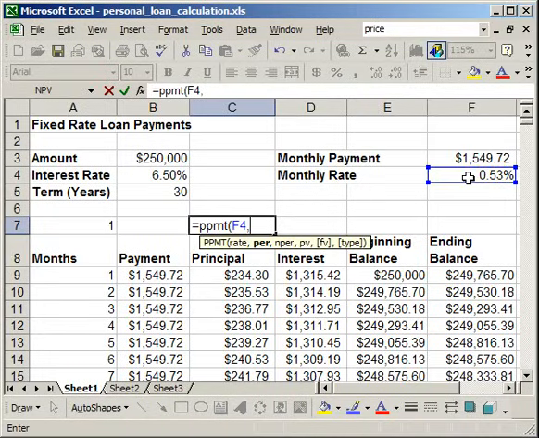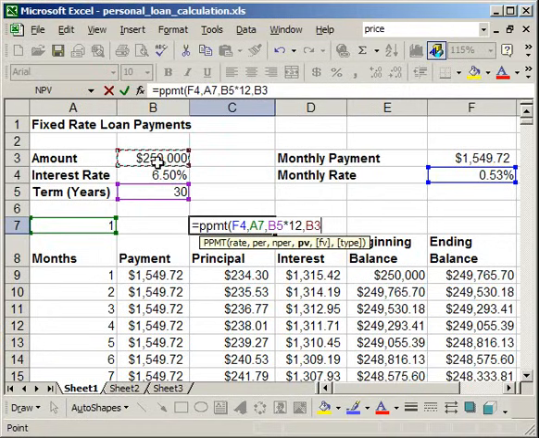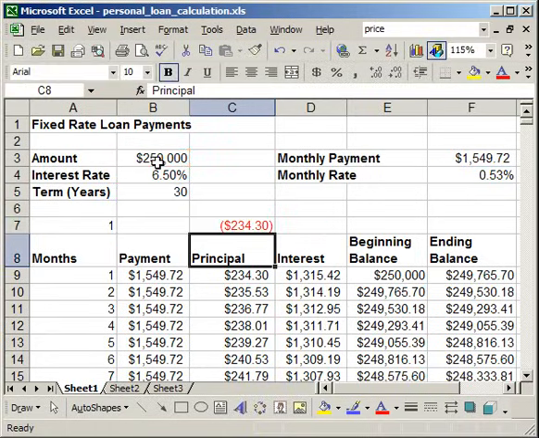The period is going to be the month that we are currently in, so I'm going to click right here. The number of periods is going to be the term of the loan times 12 for 12 months, and the present value is going to be the amount of the loan. Close the parentheses, hit enter, and you notice it's $234.30, exactly what it is here.